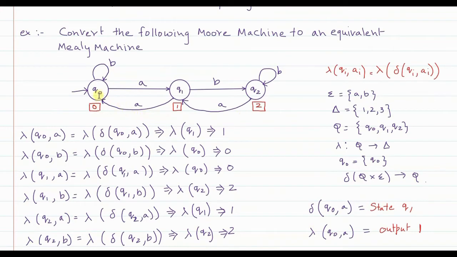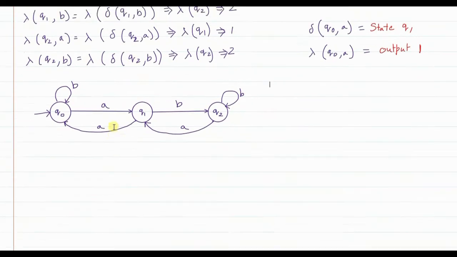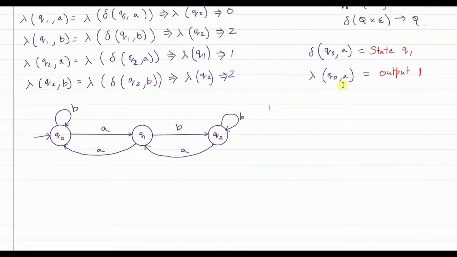So Q0 had output 0, Q1 associated output was 1, Q2 associated output was 2. Now when you are going to convert this Moore machine to an equivalent Mealy machine, the very first modification that you are going to do is that no longer will the output be associated with the states. So I am going to erase this, right? Now we will only observe this. We know that delta of Q0 on A.